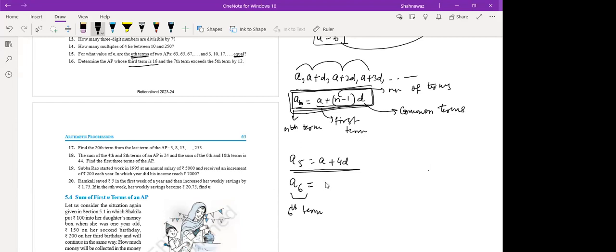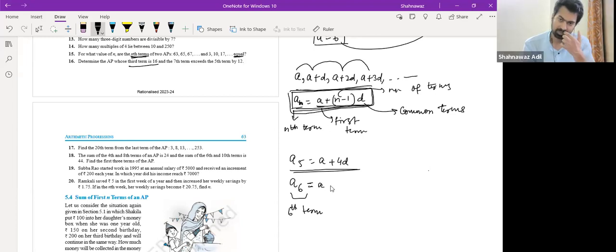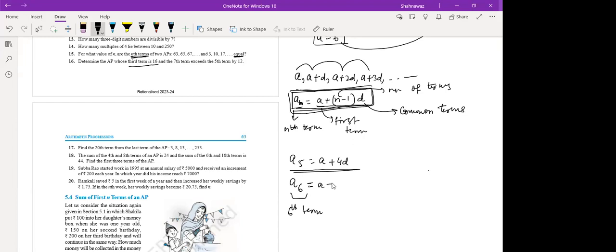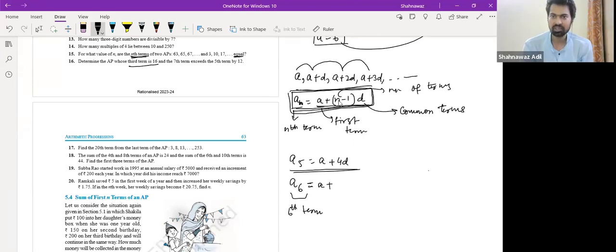Yes, A plus, and n is equals to how much? Let's see here, this is n. So n is 6, right, Adil? So this would be 6 minus 1 into d. 6 minus 1 is 5. So this would be a plus 5d. Understood?